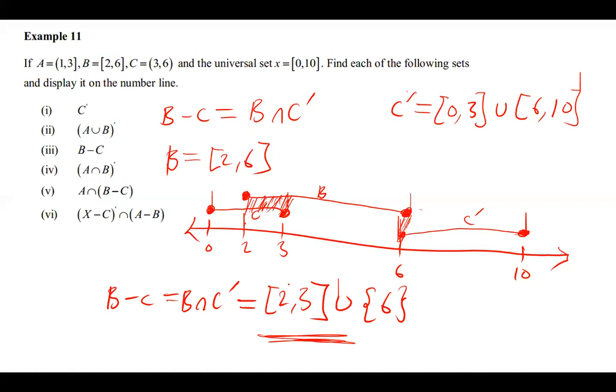If it was a range, for instance, this one is a range from 2 to 3, but this one is just 6. There's a dot on 6. There's also a dot on top for C complement. I don't know if you have gotten the point. So this one is a singleton. It only has one element here at this point.